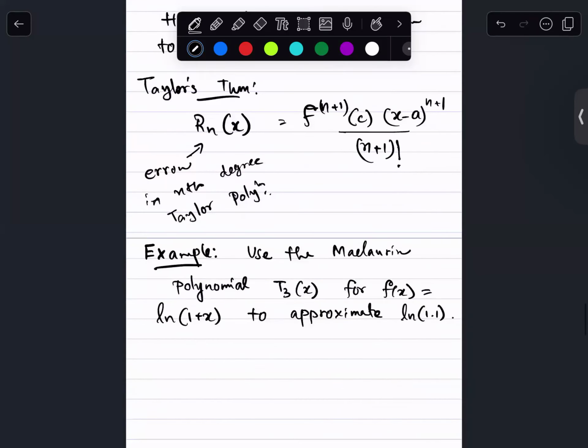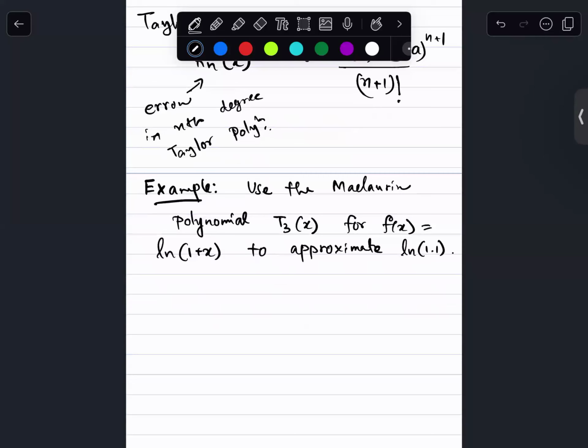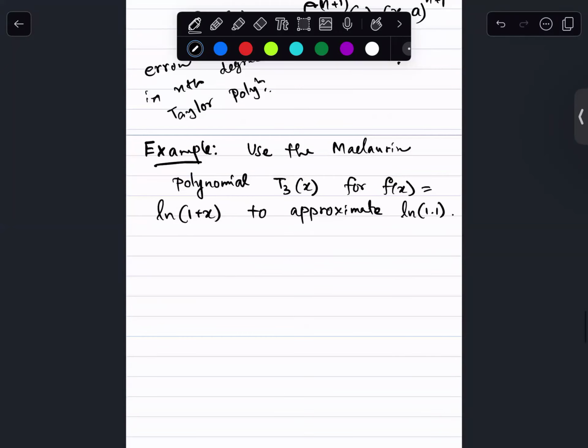Okay, so let me solve some examples in this regard. This example is asking you to use the Maclaurin polynomial T_3(x) for f(x) equal to ln(1 plus x) to approximate ln(1 plus 0.1). Okay, so say you don't know how the logarithm actually behaves. You can just use the Taylor approximation.